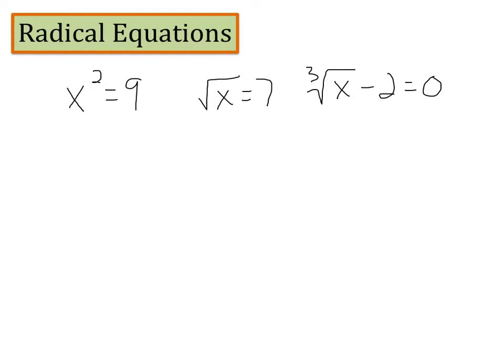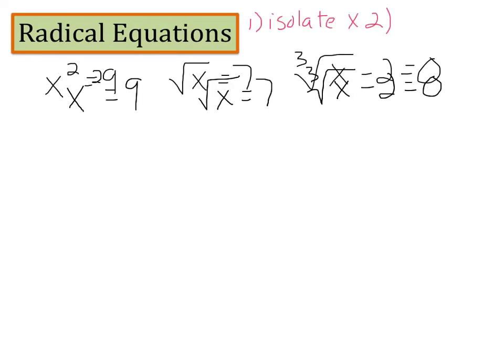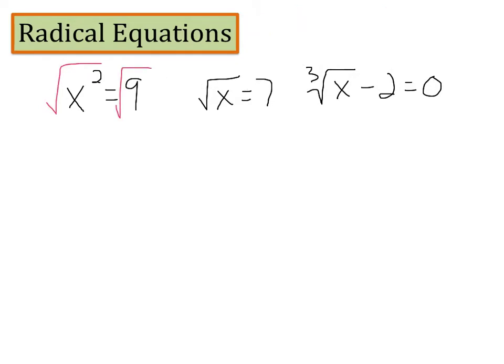So for this first problem, we have x squared equals 9. Now I have to get x by itself, so what I have to do is take the square root of each side. When I do that, I'm left with x equals plus or minus 3. For the second problem, I have the square root of x equals 7.